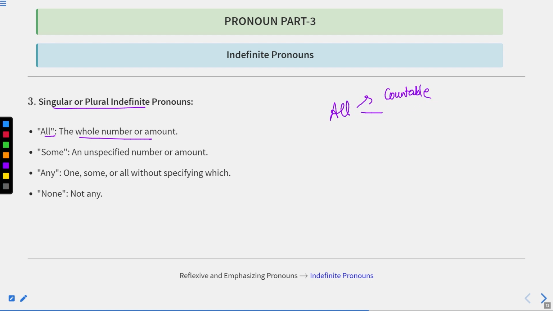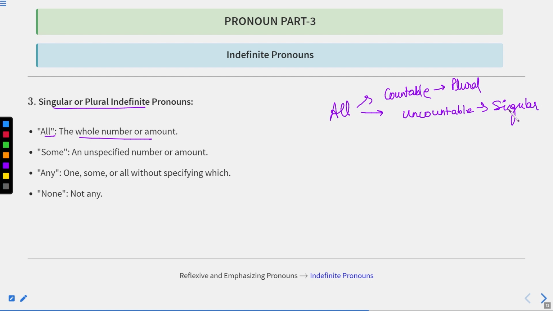When it is used with a countable noun, we use the plural. But with an uncountable noun it is treated as singular. For example, all that glitters is not gold.